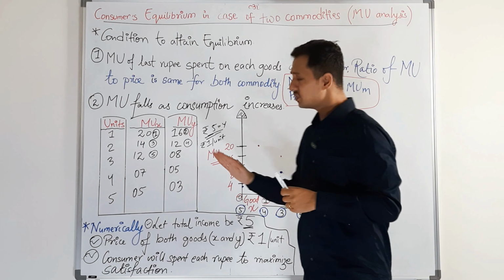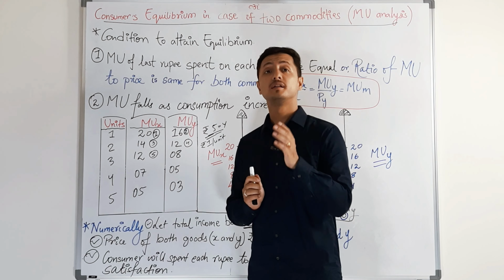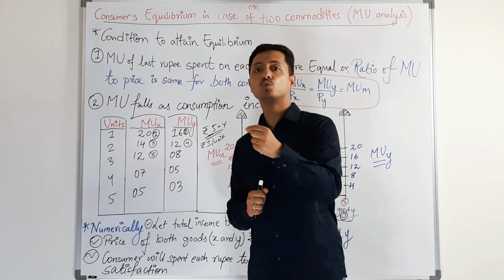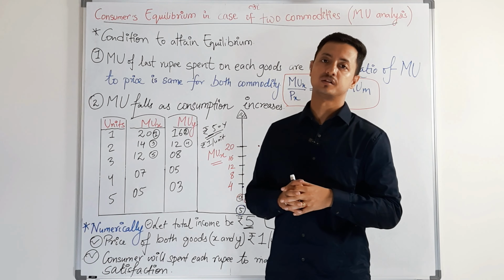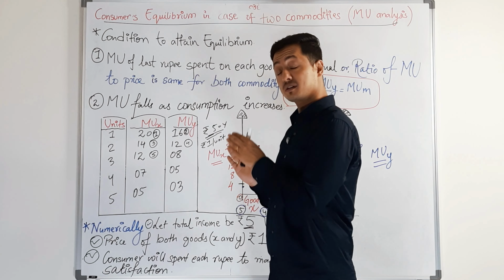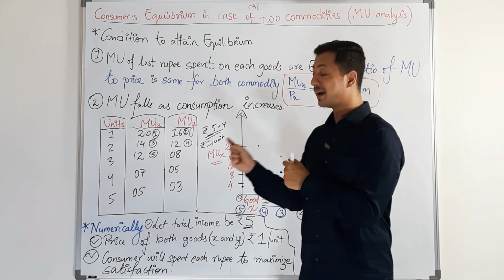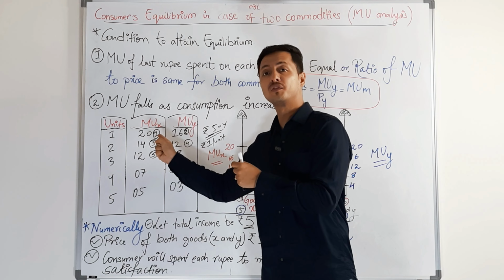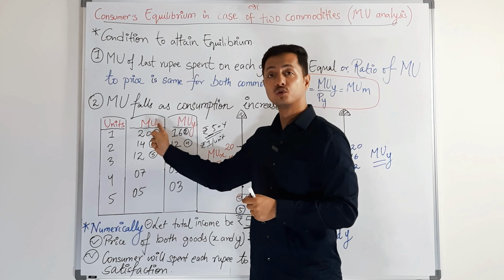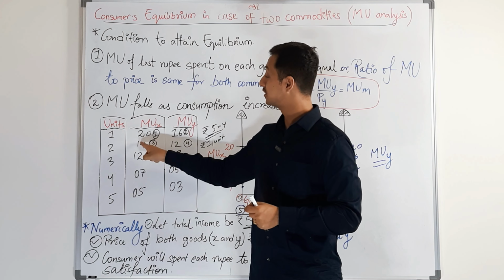What we can understand from here is that a consumer would want to maximize satisfaction. Since the price of each good is 1 rupee, the consumer with a total income of 5 rupees would like to spend the first rupee of his income on good X, because it is giving maximum satisfaction of 20.